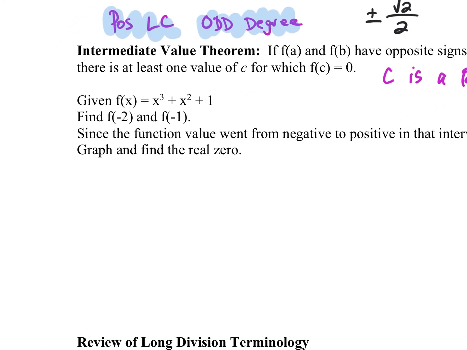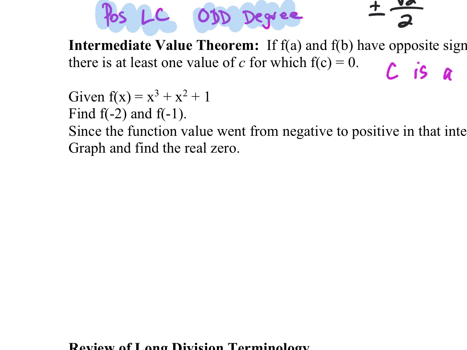So let's just make sense of this. If we say that f of negative 2, and we can find this through synthetic substitution, 1, 1, 0, 1. And I'm just using my synthetic division process here.